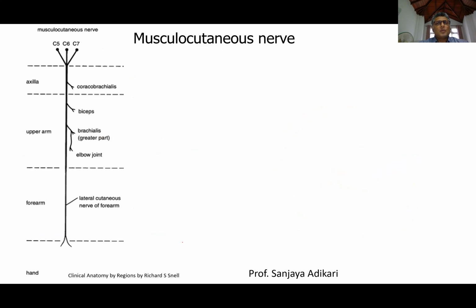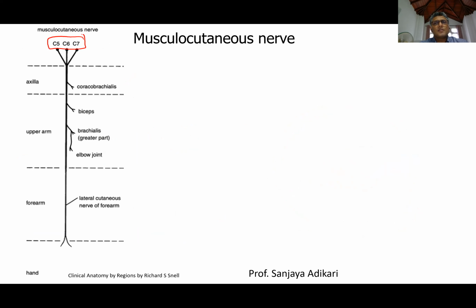Then a few things about the musculocutaneous nerve. Out of the four main nerves that supply the upper limb, which are the musculocutaneous nerve, radial nerve, ulnar nerve, and median nerve, this is the first one that is given from the lateral cord. As I said before, C5 to C7 segments are carried in the musculocutaneous nerve.